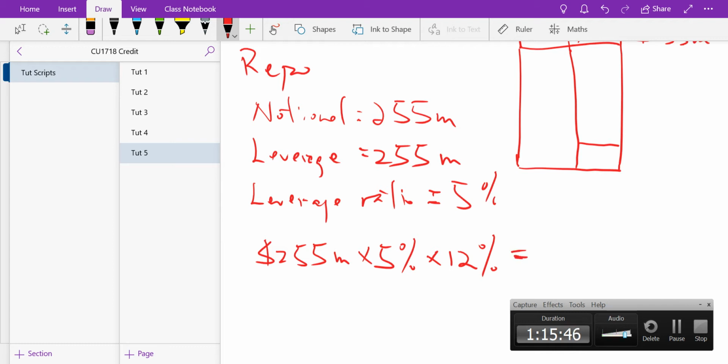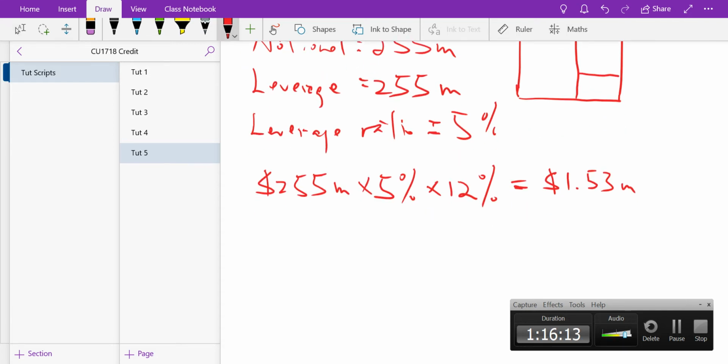What does that come to? 1.53 million. So the net difference is huge. There is an advantage of $1.35 million in terms of capital cost savings.